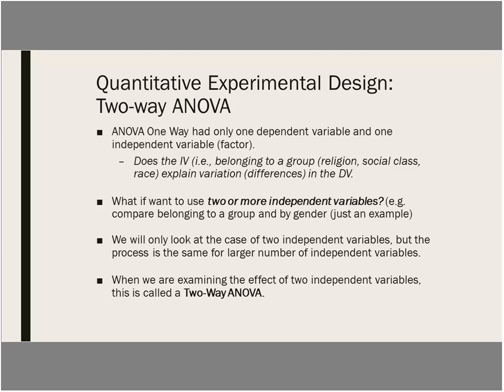This is just an example. In this case, you're going to have two independent variables, gender and group, and you want to know if that is going to have any impact upon IQ. The process is basically the same as a regular ANOVA, but the calculation by hand becomes more tedious because instead of one independent variable, you're going to have two. So when we have two independent variables, we say we have a two-way ANOVA.